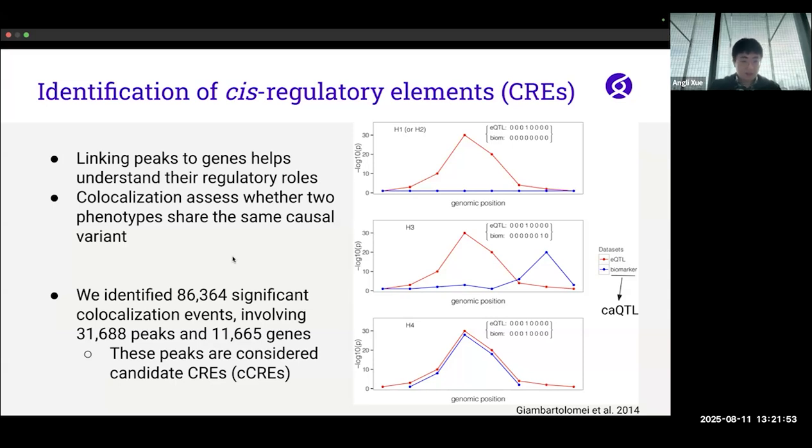By running this analysis, we identified 86 significant colocalization events involving 31 peaks, and these peaks are considered candidate cis-regulatory elements. Since this is only colocalization, there's no estimate of effect size or direction, so we don't know if the peaks upregulate or downregulate their nearby genes.